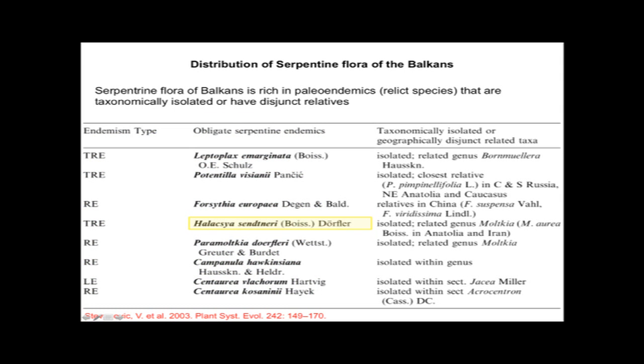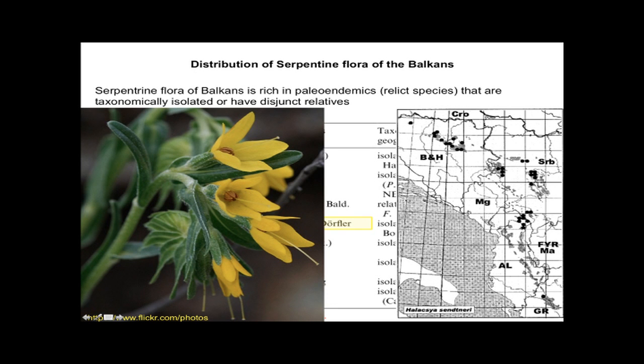Another very good example is the species Halacsya sendtneri, also the only species in its genus. It is related to the ancient genus Moltkia, which is found in Anatolia and Iran. Halacsya is a member of the Boraginaceae family, and it is confined to Bosnia-Herzegovina, Albania and Serbia.